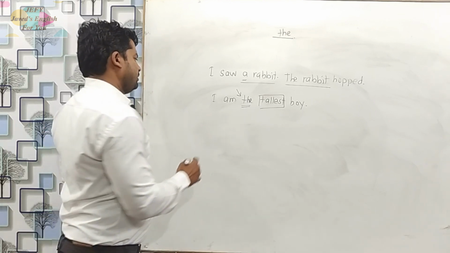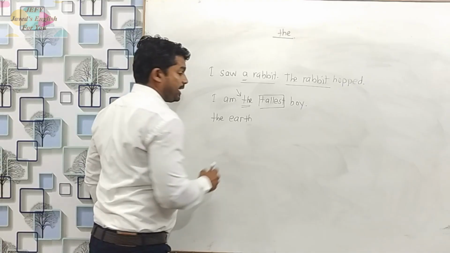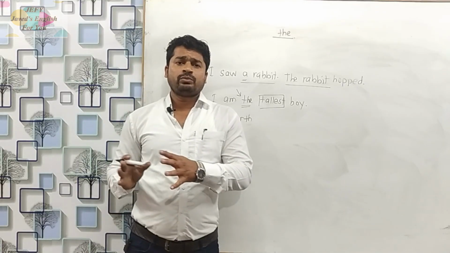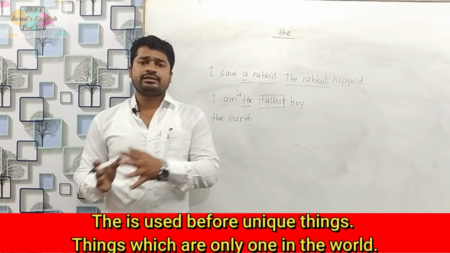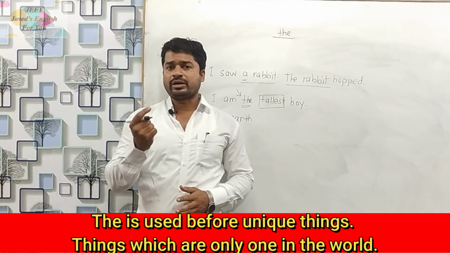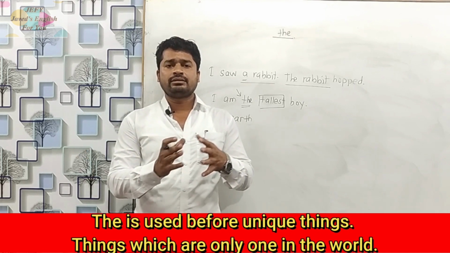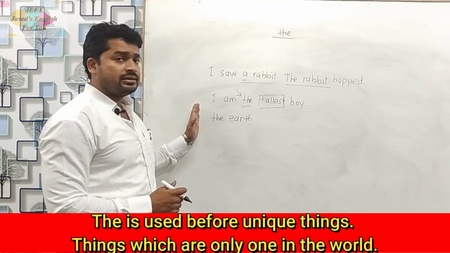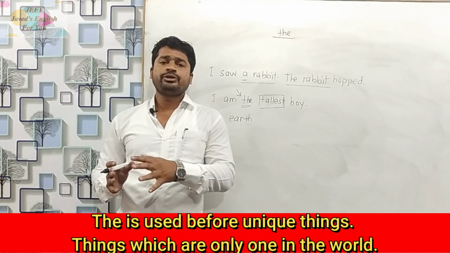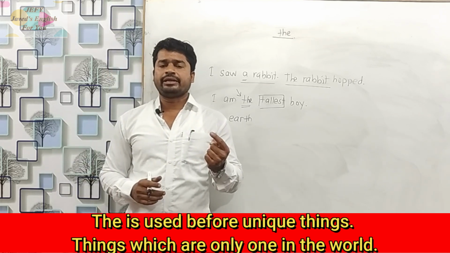Next, I have to say the earth. Why? Because in the entire world, in the entire universe, there is only one earth. I have to say the sun, because there is only one sun. I have to say the moon. So the earth, the sun, the moon. Why? This article is used for all the unique things in the world, all such things which are only one in the world.